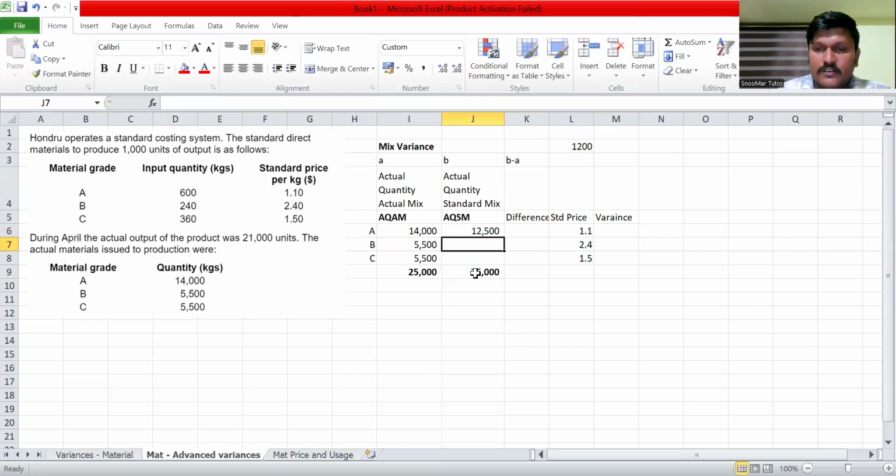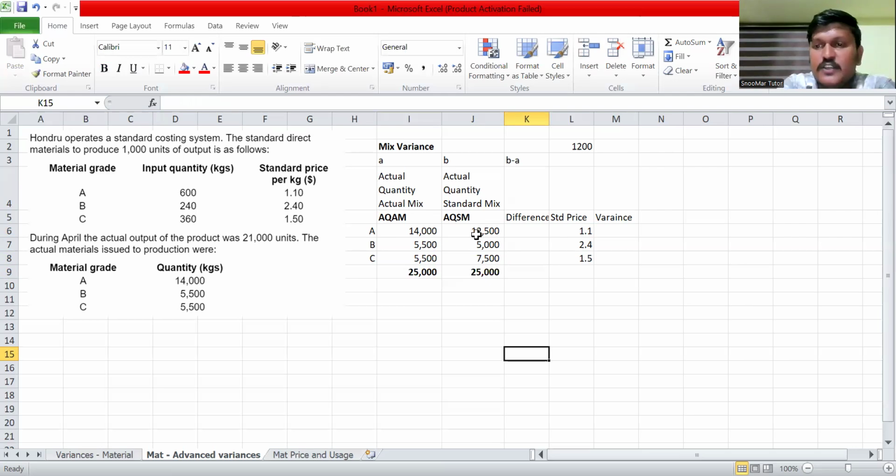So I'm getting 12,500 for A. Same way I calculate for B: 25,000 multiplied by 240 divided by the total standard usage of 1,200, which is 5,000. Same way again, you multiply your 25,000 by the standard usage of 360 out of 1,200. So you got the actual quantity at the standard mix.